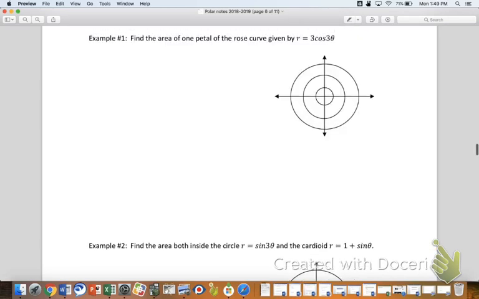So example number 1 says, find the area of one petal of the rose given by r equals 3 cosine of 3 theta. I gave you a little graph there. If you want to graph it, you're welcome to. You really don't have to have the graph to do this.